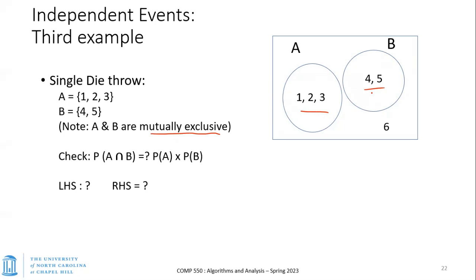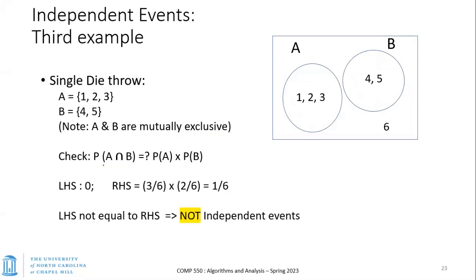So the intersection is going to be 0, and the left-hand side is going to be 0 for mutually exclusive events, and the right-hand side is clearly not 0. It's 3/6 times 2/6. So 1/6 is not equal to 0. So for mutually exclusive events, they're never independent.